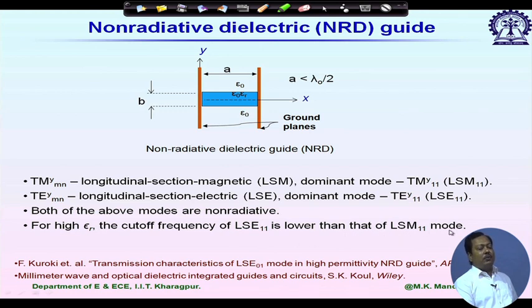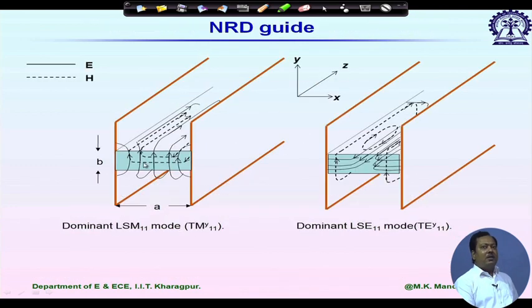mode. Let us look at the field configuration. It is showing the three-dimensional field plot. So we have a dielectric slab in between two metal planes. The magnetic field is mainly in the ZX plane. In the direction of propagation we have a magnetic field component as well as in the perpendicular direction.